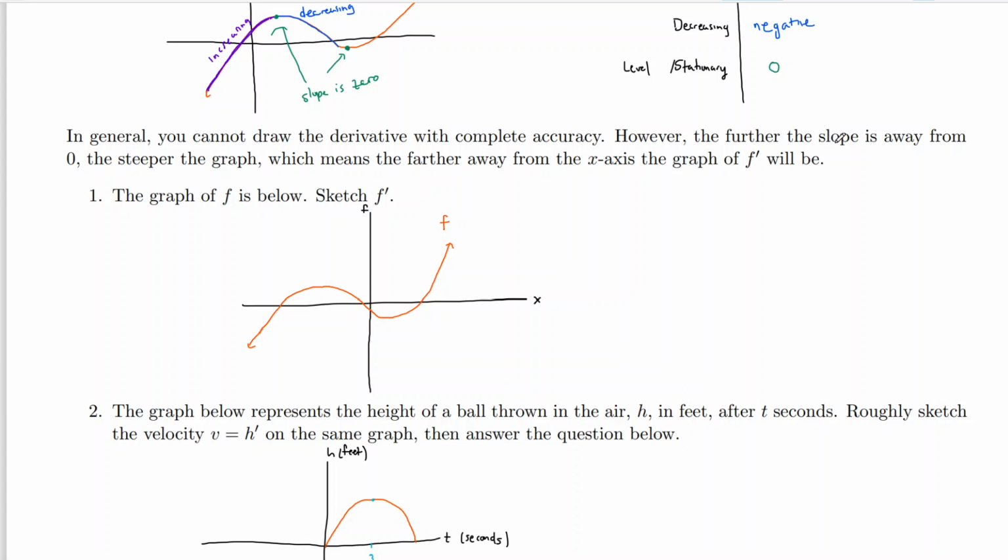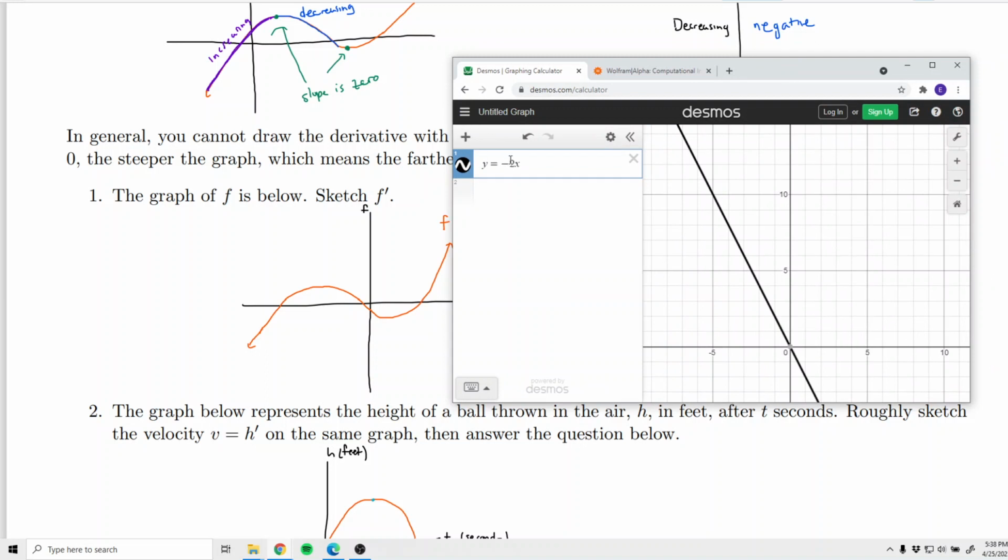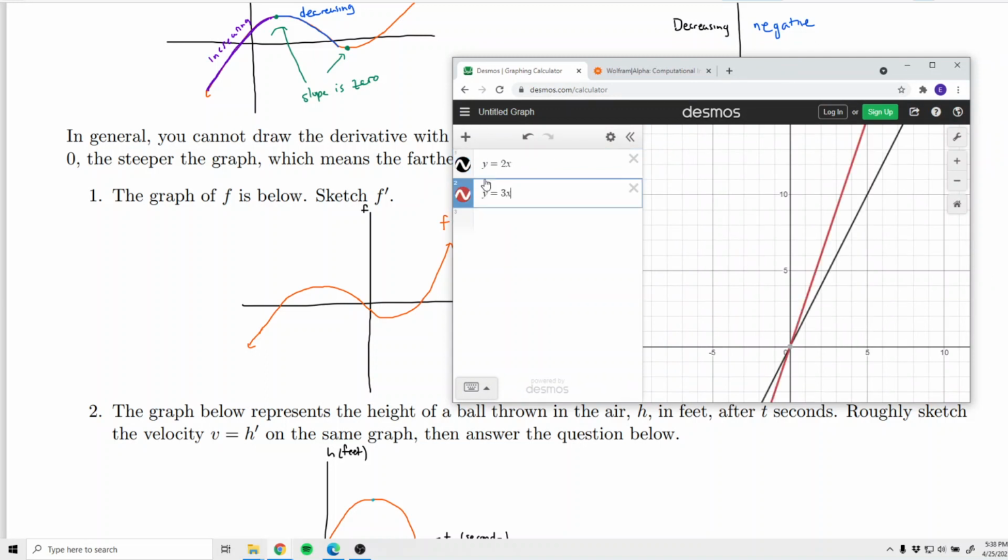However, the further the slope is away from 0, the steeper the graph is. That means the farther away from the x-axis the derivative will be. Just to relate this back to lines, y equals 2x has slope 2. y equals 3x has slope 3, and a slope that's bigger is more steep. So if your graph gets really steep, the slope is getting bigger.